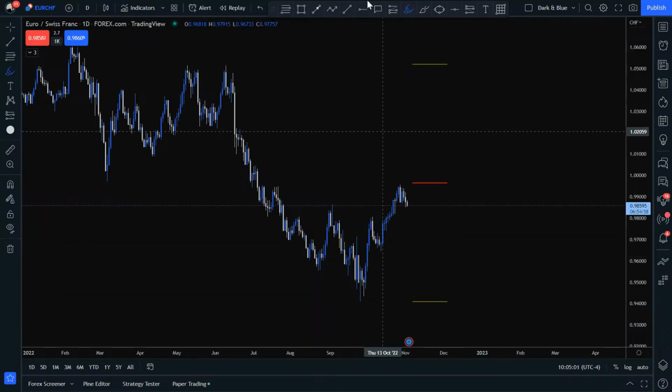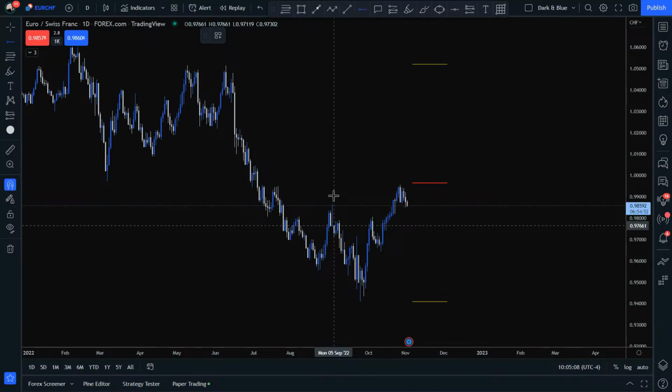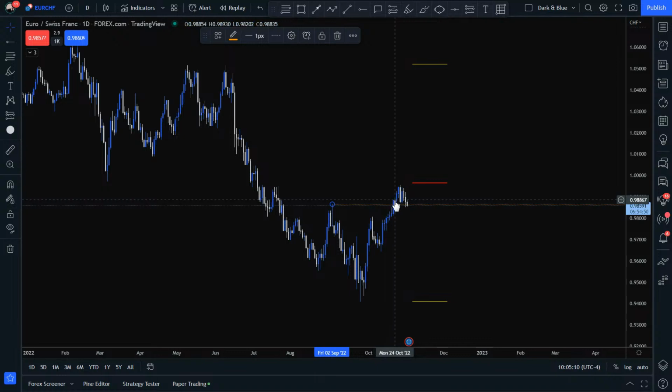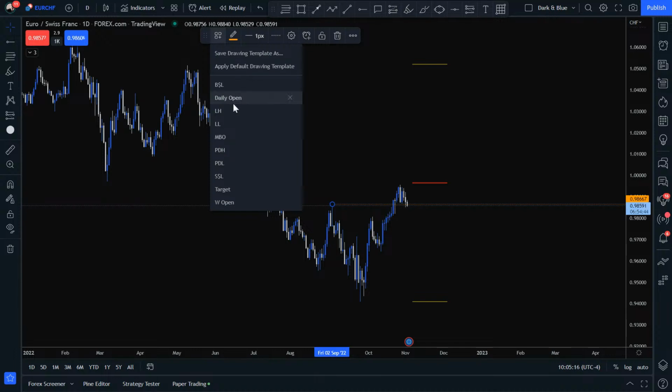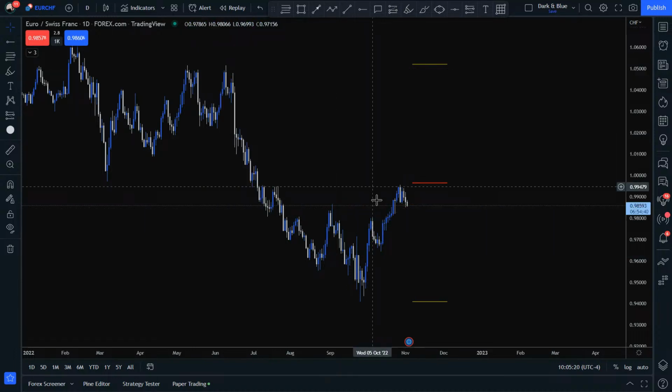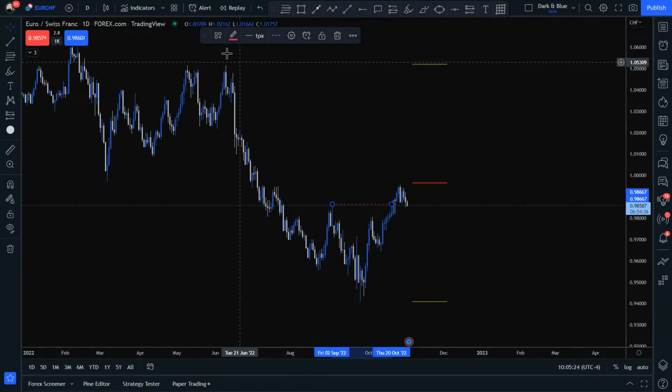We've turned in, we are bullish. This is an internal break of structure, and we have to mark these things because they're super important. I'm going to mark this with the internal dashed line. Okay, let's try this again. There you go. Internal break of structure. Very good.